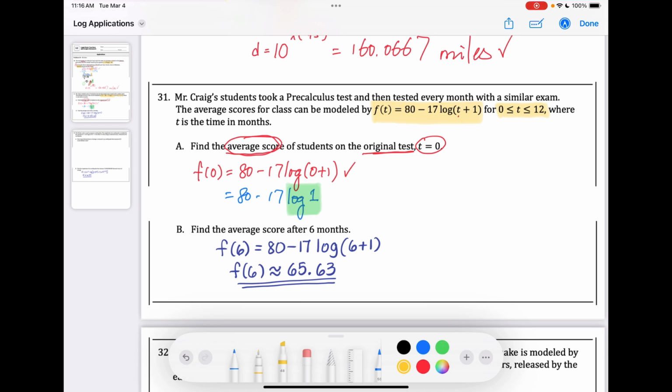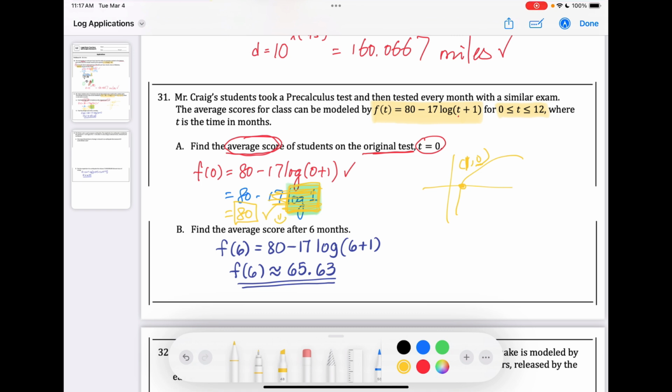The log of 1 must be 0. Remember, the log function goes through the point (1, 0). So when I plug in 1, the answer must be 0. 0 times 17 is 0. So what is my answer? 80. So 80 will be my average score.